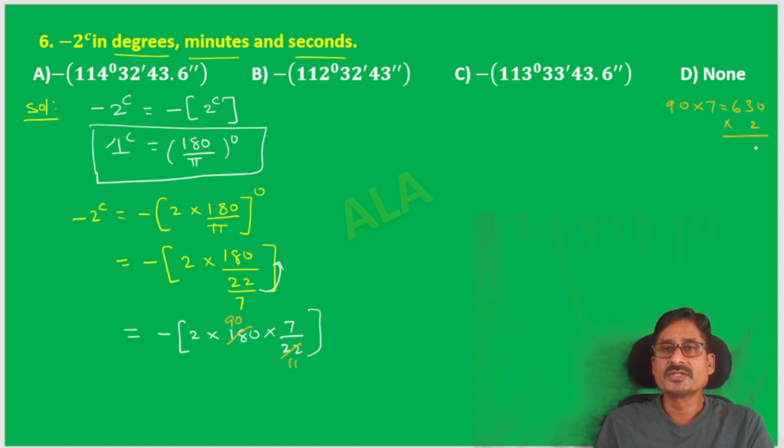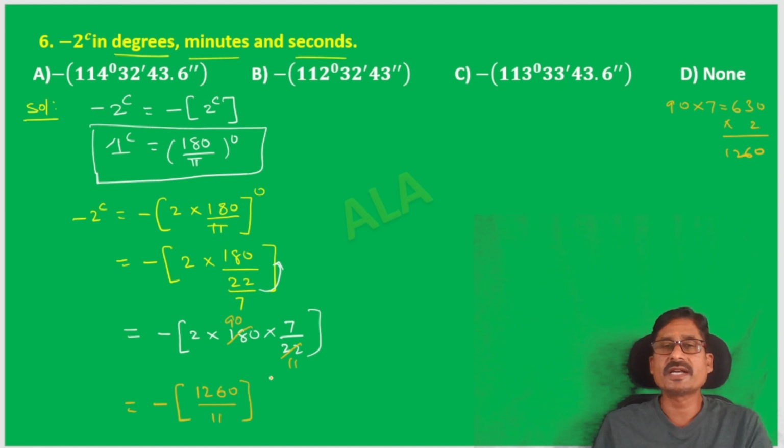How much is that? 0, 6, 1260. That is 1260. This is equal to, what we write, minus of 1260 by 11.